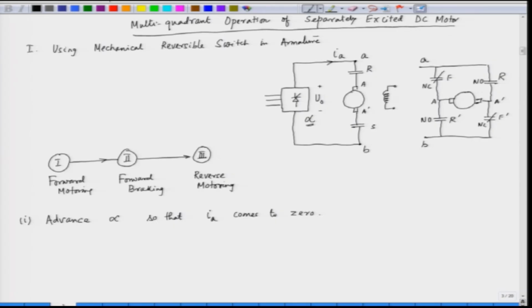Now, when this IA comes down to 0, we take the next step: reverse the armature connection by the reversible switch.